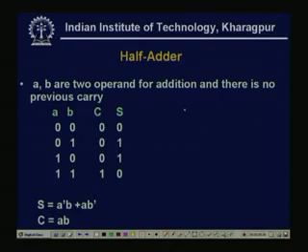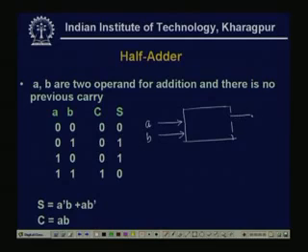So there are 2 operands A, B, they are the inputs, there are 2 outputs, one is my sum and one is my carry, and this is my half adder, because I am not considering the previous carry bits.